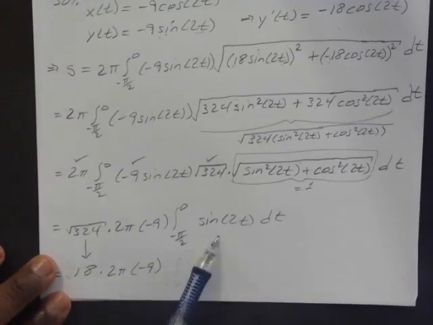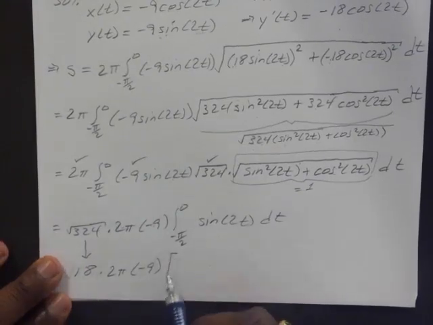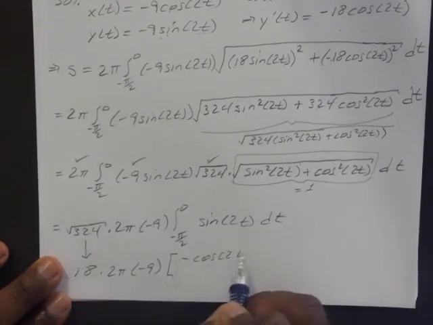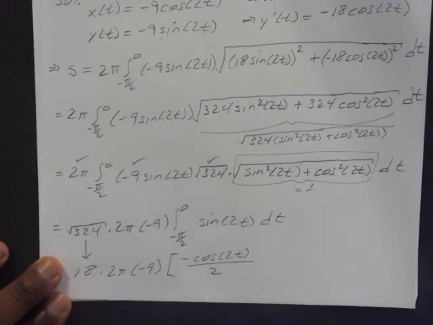So if we use u substitution and integrate sine of 2t, then that will give us negative cosine of 2t divided by 2.